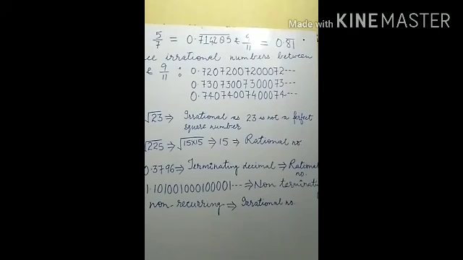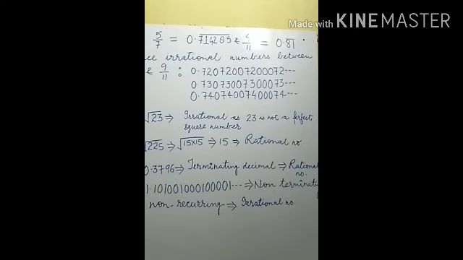It depends upon you. Now in question number 9, we have to justify whether these numbers are rational numbers or irrational numbers. We have to classify. So many numbers are there. The first number is under root 23.